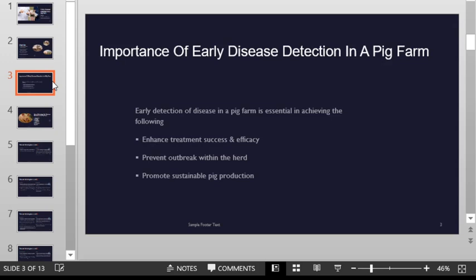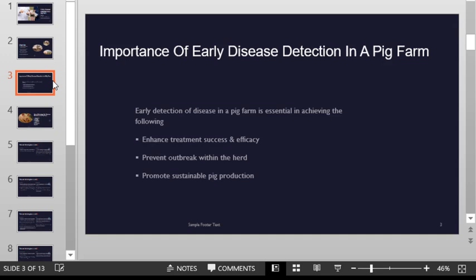The first, of course, is that it enhances treatment success and efficacy. When you are able to detect incidents of sickness in your farm early on, it is easier for you to treat these sicknesses, and you score a high point in terms of whether you'll be able to treat the sickness properly.